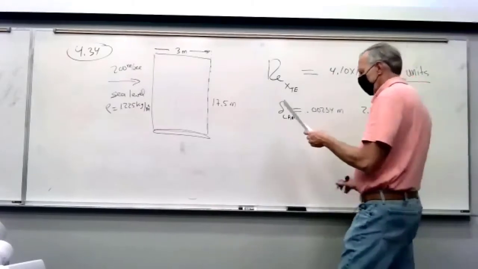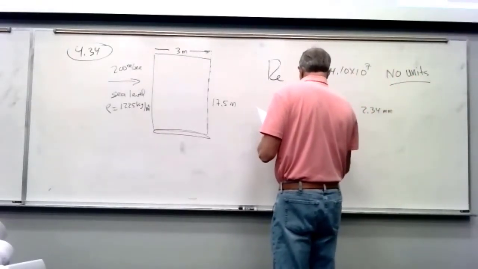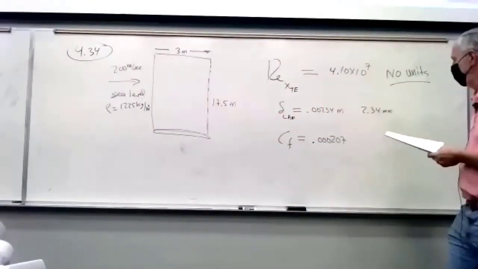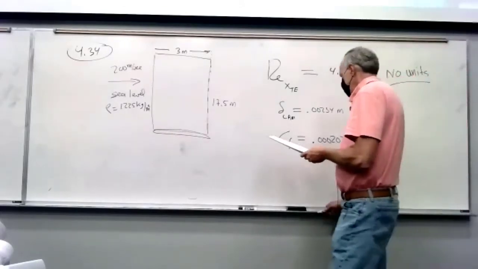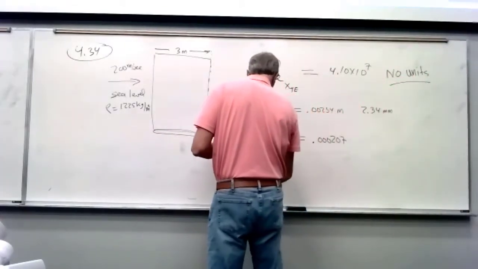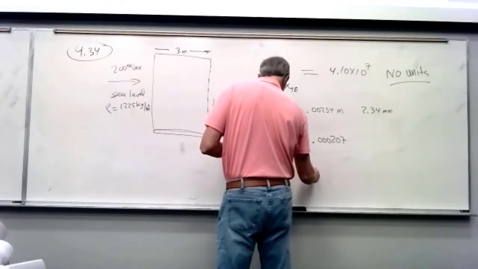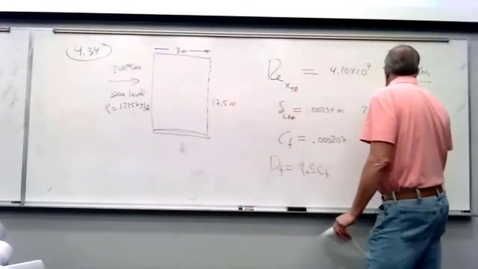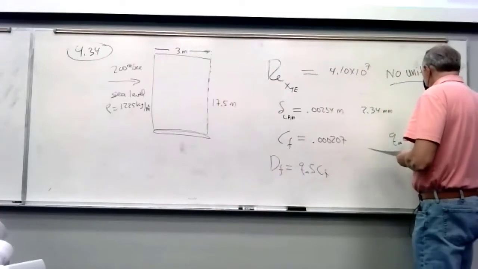And then the skin friction coefficient. You should get this. And that's at the trailing edge, and so that's going to give you the total drag. So you have to calculate q infinity, 1/2 rho v squared.